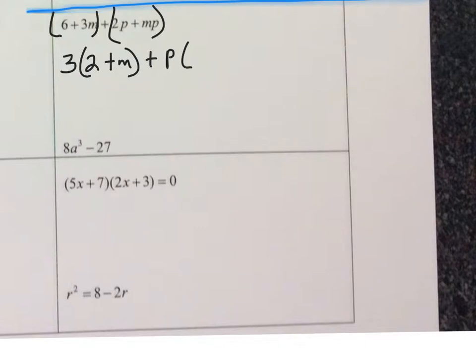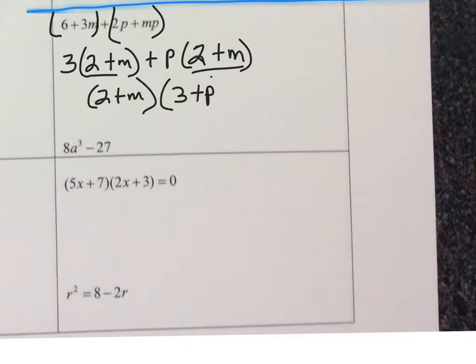P out of 2p leaves 2. And p out of mp leaves m. And since my 2 parentheses are the same, then one factor is going to be 2 plus m, and the other one's going to be 3 plus p.